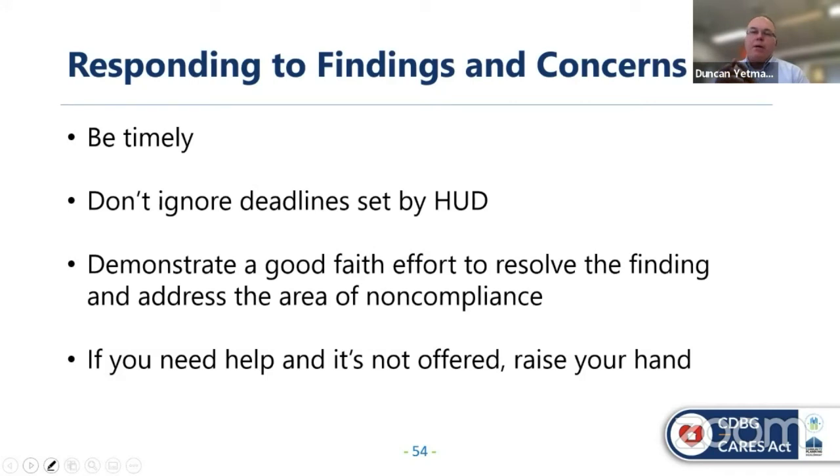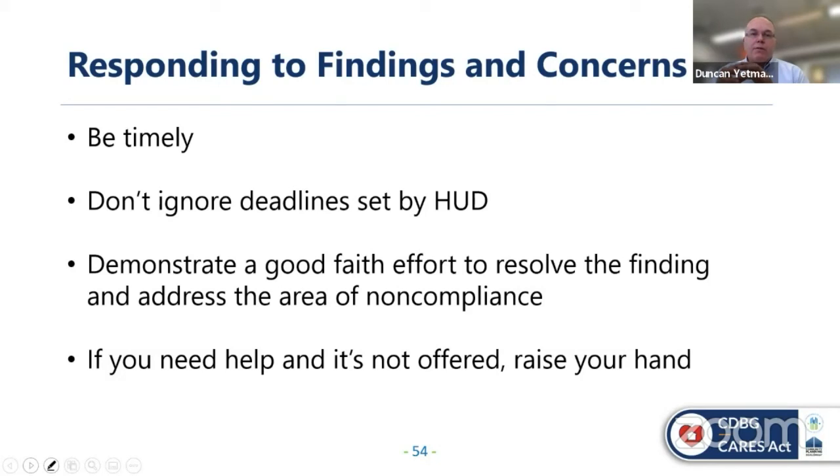HUD wants to be a partner with you. And our goal in monitoring is for you to see HUD, your field office, your CPD representative, as a trusted advisor, that you can rely upon them to offer assistance and advice on the implementation of your CDBG program and your CDBG-CV program. So by all means, lean into them.